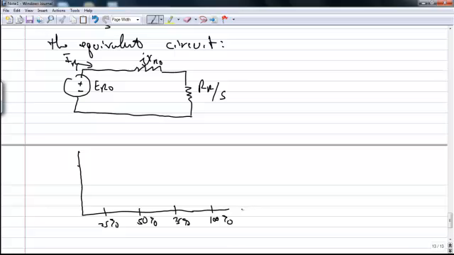If this axis is the percent of synchronous speed that the rotor is turning, and our current is on this axis, then we will see something like this. And this is rotor current as a function of motor speed.